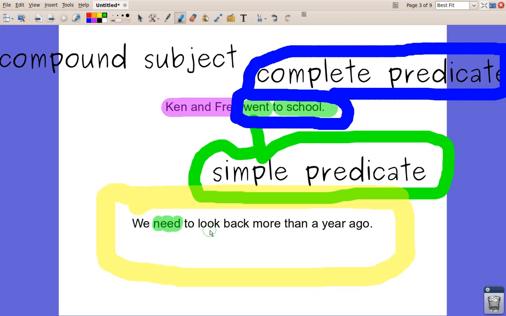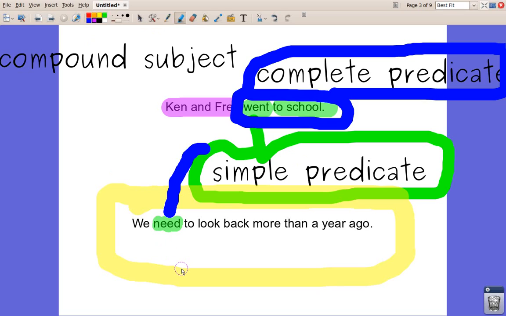It's followed by look, which is also a verb, but this to look actually functions kind of like a prepositional phrase, but we won't worry about that now. So need is our simple predicate. I'll use blue. That's the simple predicate. So what's the subject going to be?